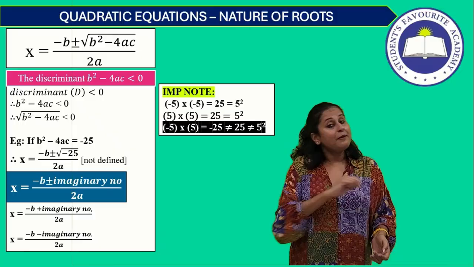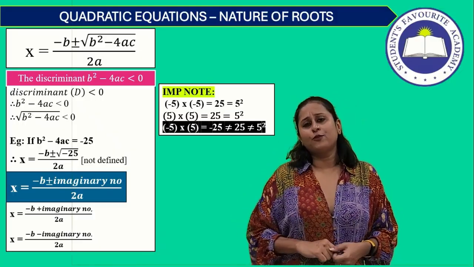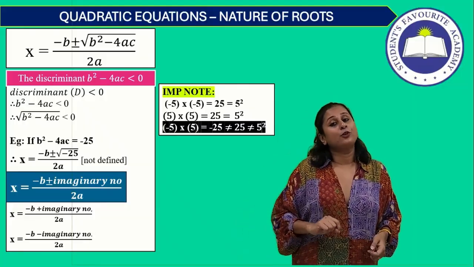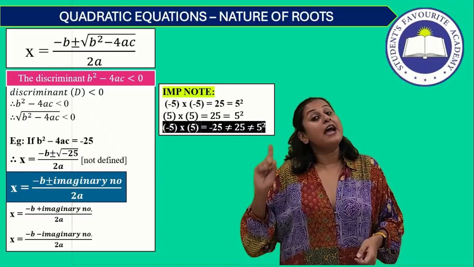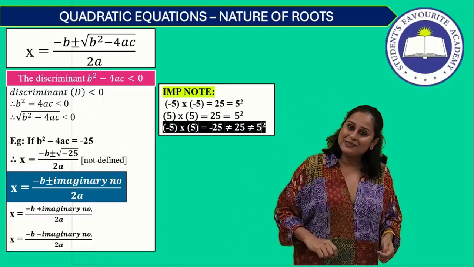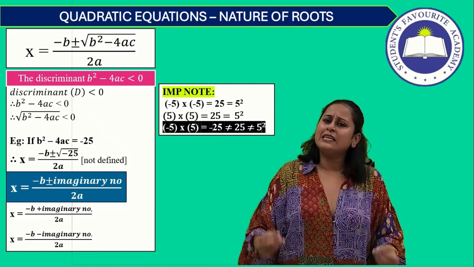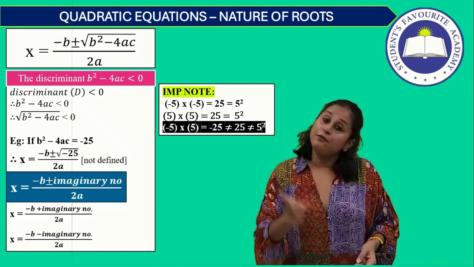So what I am trying to tell you is, if the discriminant b square minus 4ac is a negative number, then root of b square minus 4ac becomes a root of a negative number, which is an imaginary number. So don't make this mistake. If b square minus 4ac is less than 0, the roots will be 2.